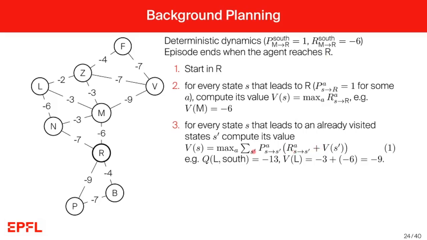So for example, we can compute the value for Lausanne by looking at the Q value for the action south. From Lausanne, taking action south would be reward -6, plus the value of Nice, which is -7. So in total, we end up with -13.